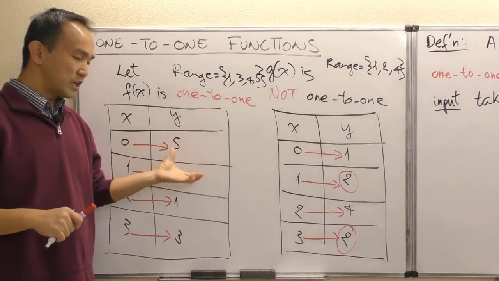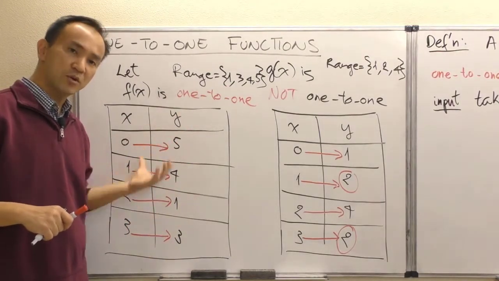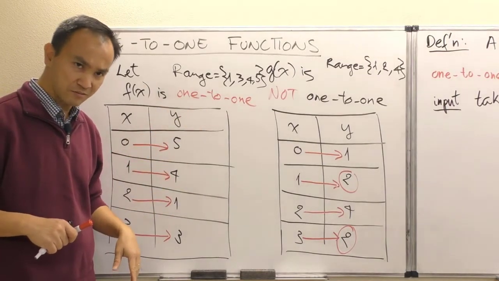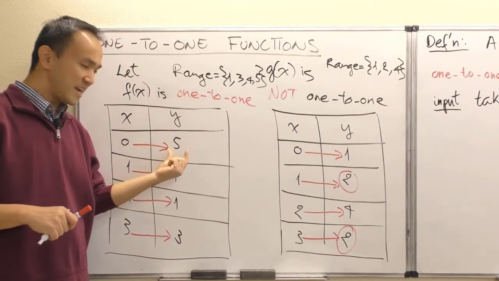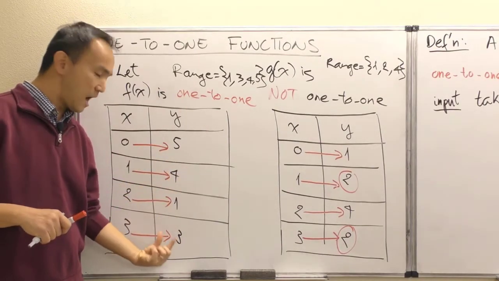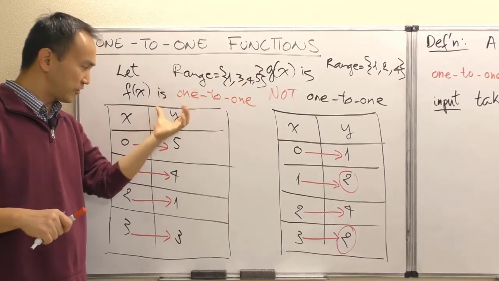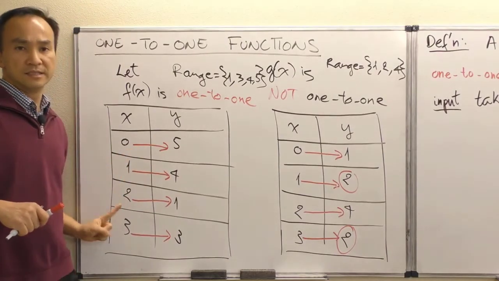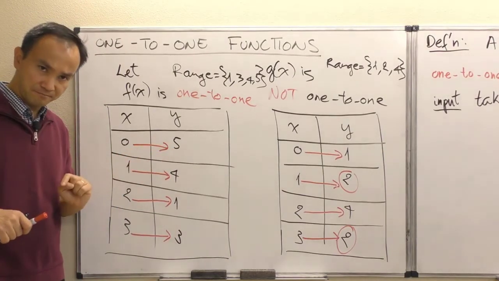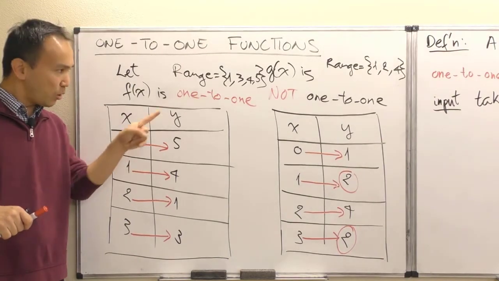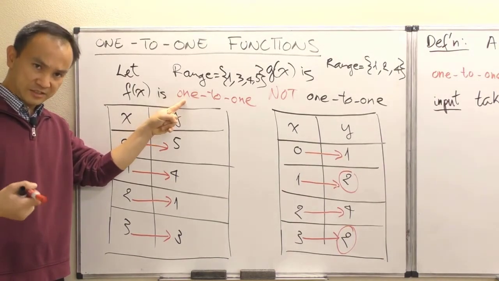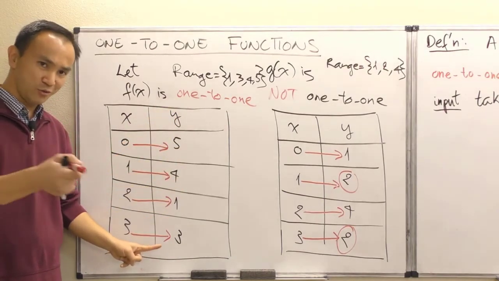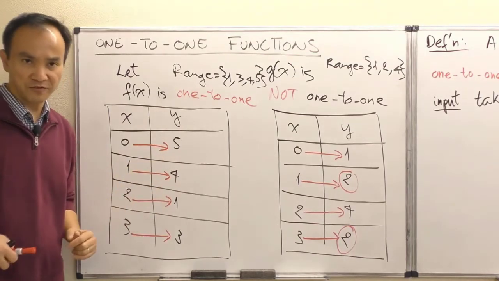In order to decide whether this function here is one-to-one, in the work I was showing the whole time, I did check through every output in the range of this function to ensure that on each output that I looked at, there was only one input taken to it. So in order to say that a function satisfies this property, we have to check through every output to make sure there was only one input taken to that specific output.